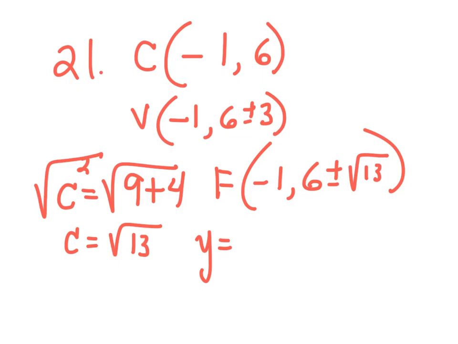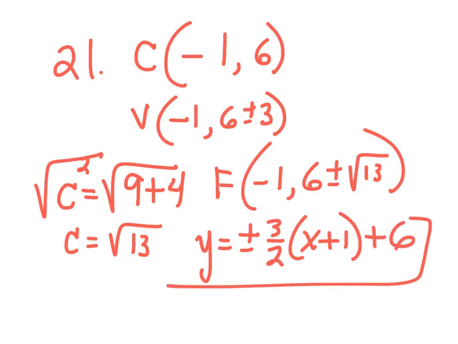What did you get for the asymptote? It's going up 3 and then moving to the right 2. So it would be y = plus minus 3 over 2 times (x plus 1), and then plus 6. And that's the last problem. Okay, you guys, so study your reviews, and I'll see you guys tomorrow. Have a great afternoon.